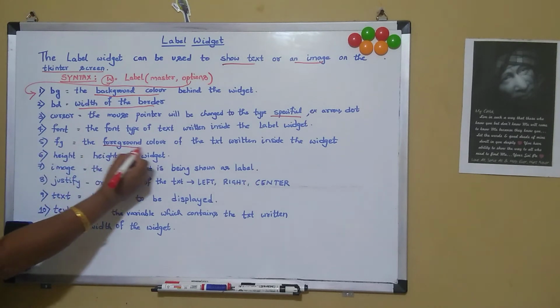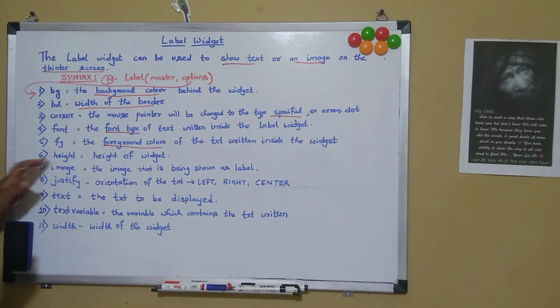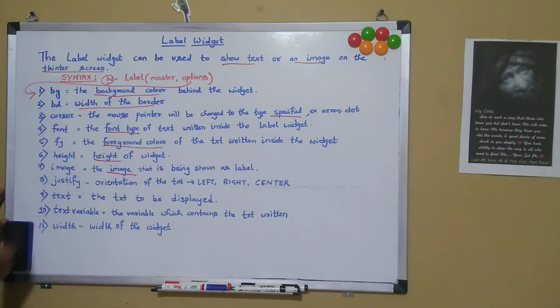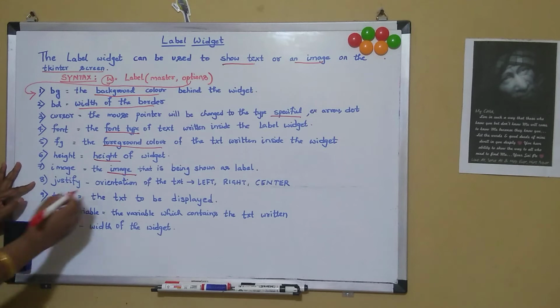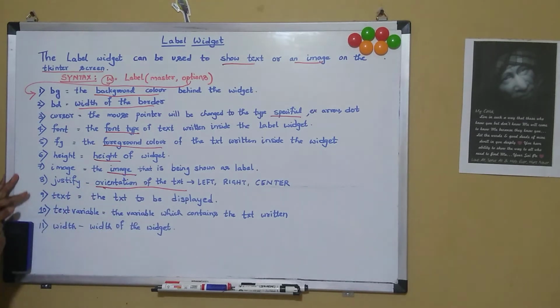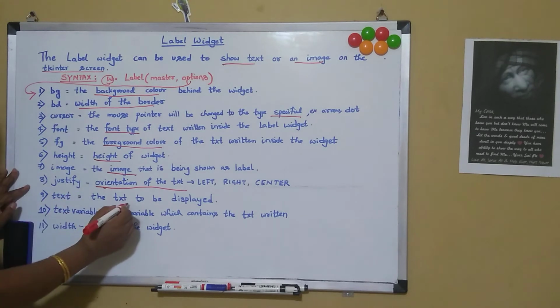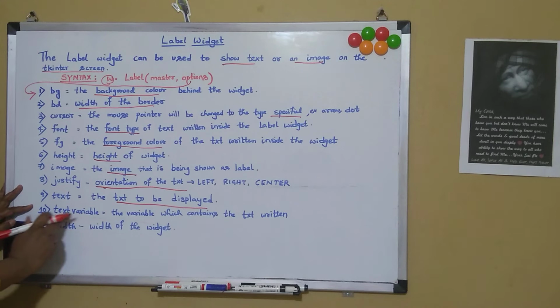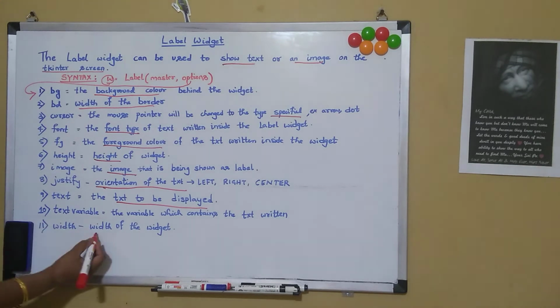Foreground color, height of the widget, the image that should be inserted in the widget, justify, that is the orientation of the text. Then the text to be displayed should be specified in the text parameter. Textvariable is a variable which holds this particular text, and width is the width of the widget.